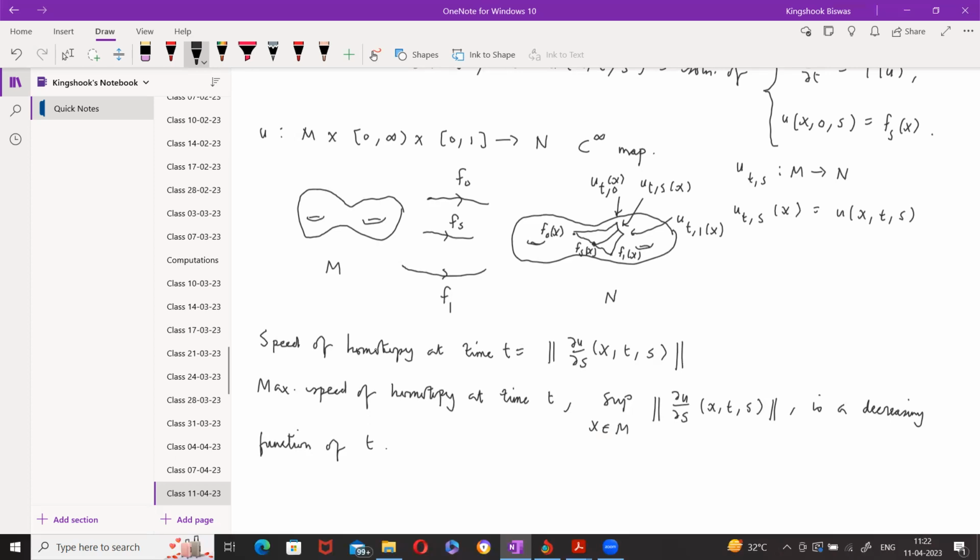It's the distance between F0 and F1. Then if you apply the harmonic map heat flow, the maps that you get, u_t^0 and u_t^1, the speed of the homotopy between them will also be small. So it will also be less than the distance between F0 and F1.